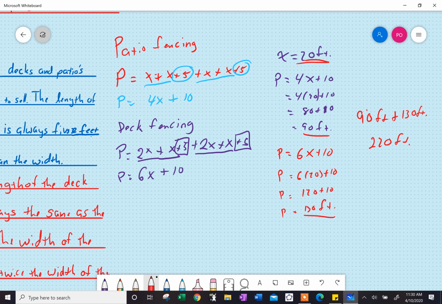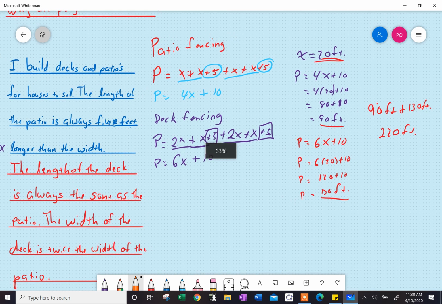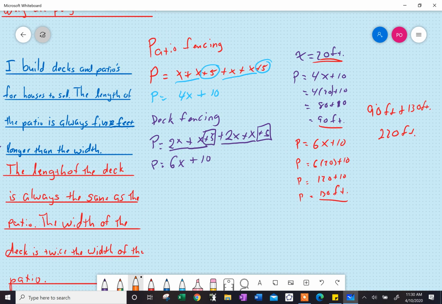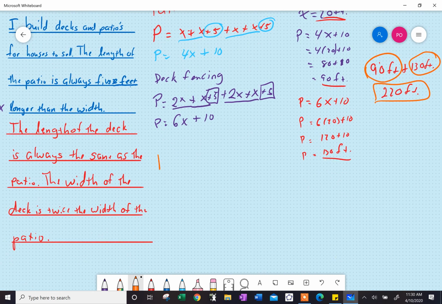But there's even another way we can do this, and this is the part that's actually quite interesting. What I just did was I added the perimeter here, and then I added the perimeter here, and I got my total perimeter. Well, I want the total perimeter, so that's going to be the perimeter of the patio plus the deck.